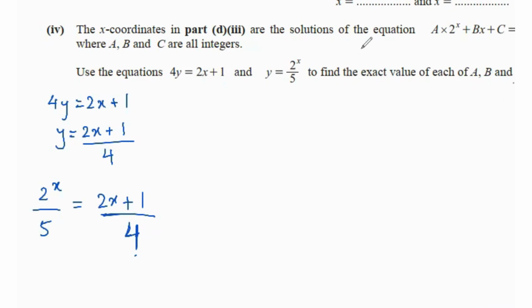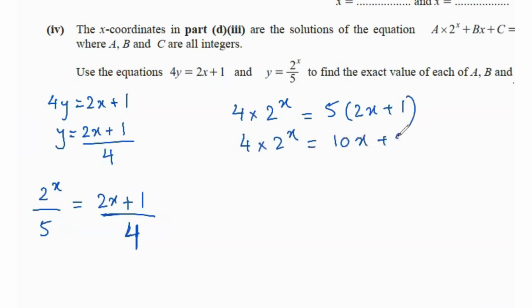So for intersection points, there's one option of finding them, that is graphically. The other option is algebraically. So now we're going to use the algebraic route to find the value of a, b, and c. So we cross multiply: 4 times 2 to the power of x equals to 5 times 2x plus 1. 4 times 2 to the power of x equals to 10x plus 5.